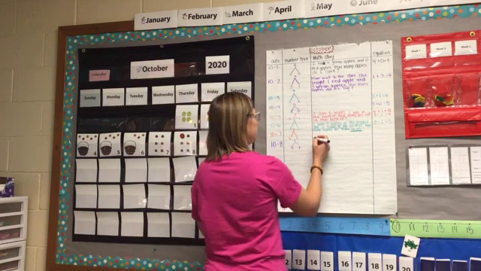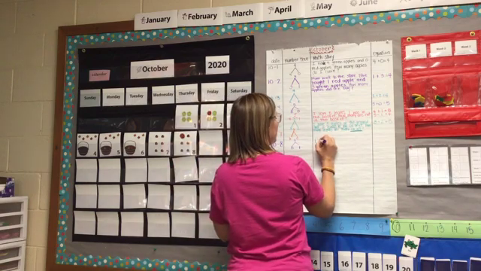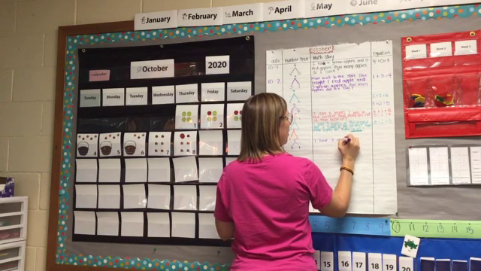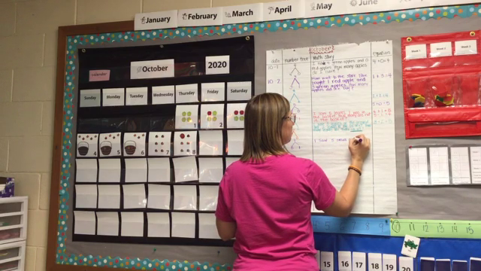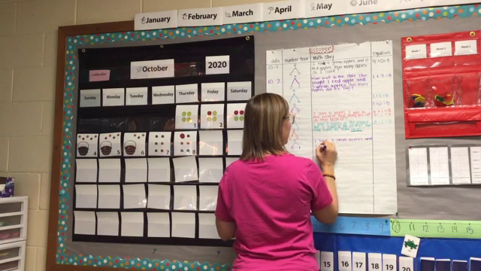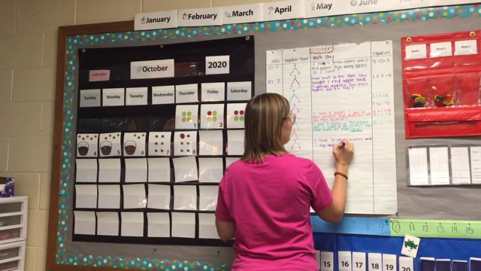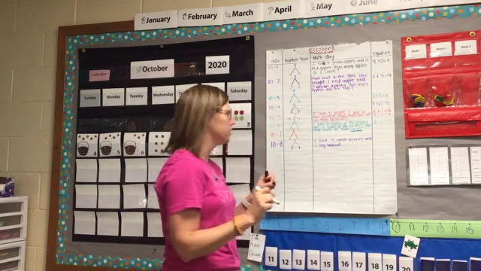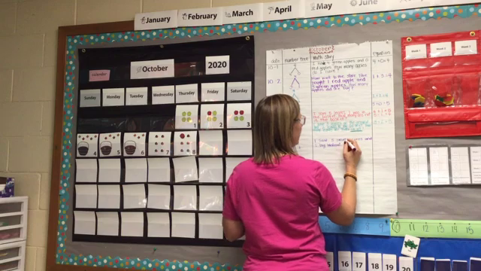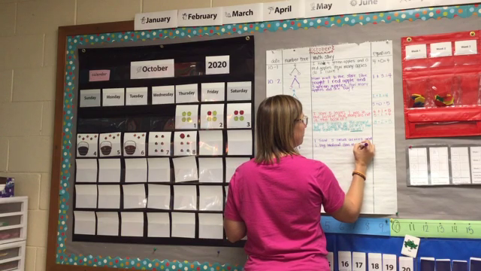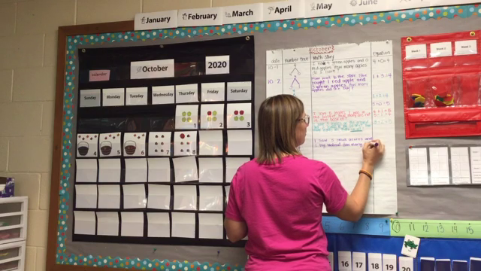I'm going to write, I saw 5 small acorns and 1 big, I'm going to call that a walnut because I really think it looks like a walnut. I saw 5 small acorns, 1 big walnut, and my question is, how many nuts in all?